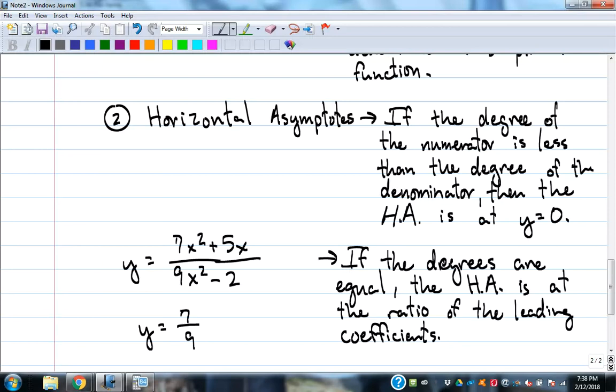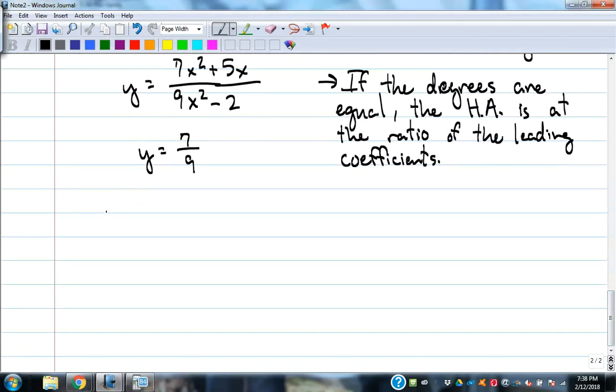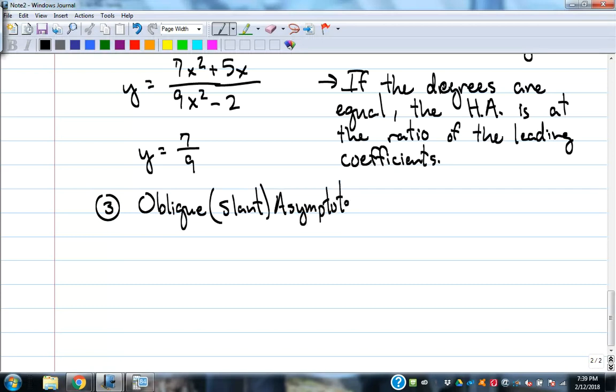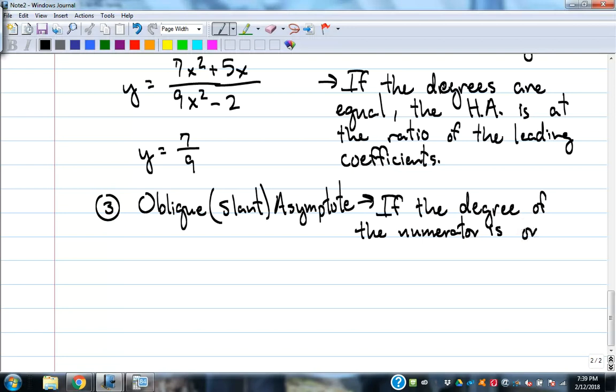Okay. Now, the third type of asymptote is what we call an oblique, and you may hear it called slant asymptote. Oblique asymptotes only happen if the degree of the numerator is one more than the degree of the denominator.